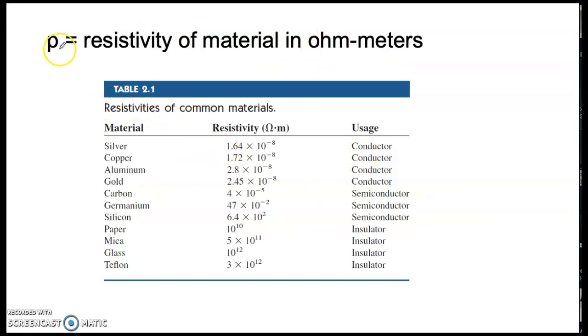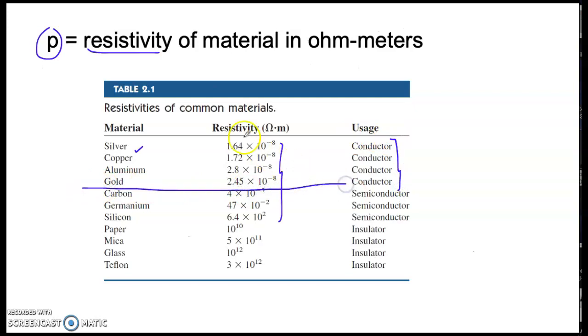As I mentioned just now, rho depends on the material, so different materials have different resistivity. If this is a conductor, the resistivity up to gold here is around 1.6 to 2 multiplied by 10 to the power of minus 8. But semiconductors have a different resistivity, and so do insulators.